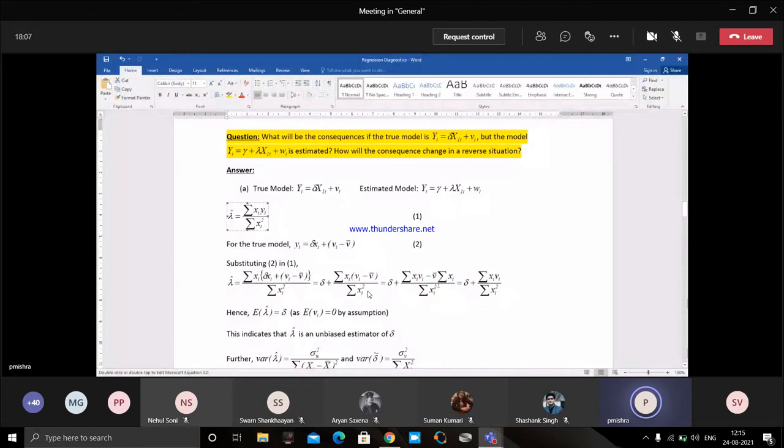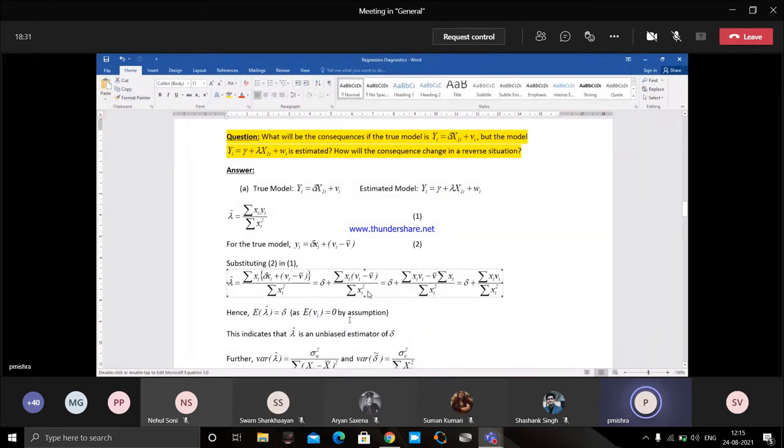And as you know, summation of small xi is equal to 0, so this component would be cancelled out. Now, as we take mathematical expectation of this component, we basically get expectation of lambda hat is equal to delta, because expectation of vi is equal to 0 by assumption.